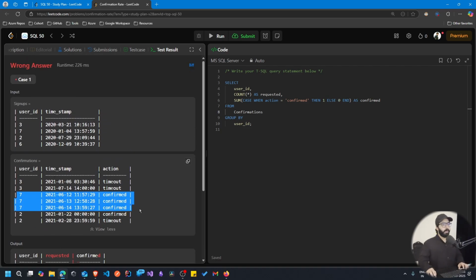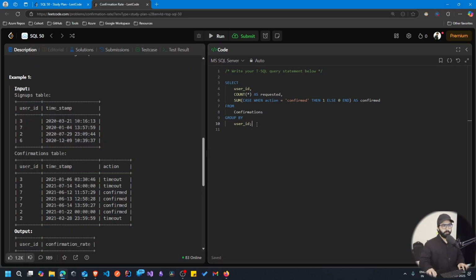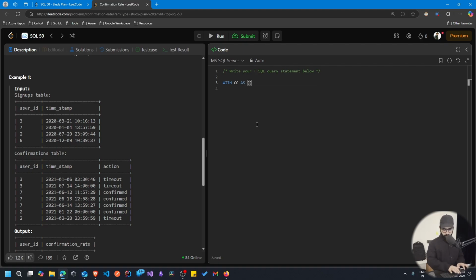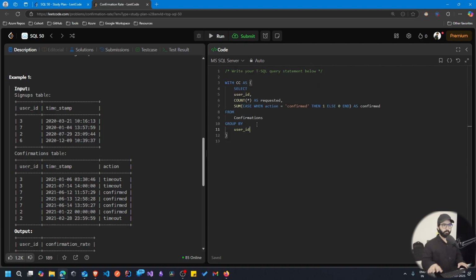Cool. Now what we can do, let me select this, and let me organize this a bit.